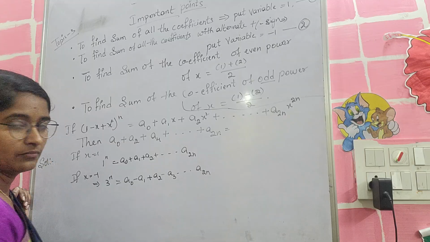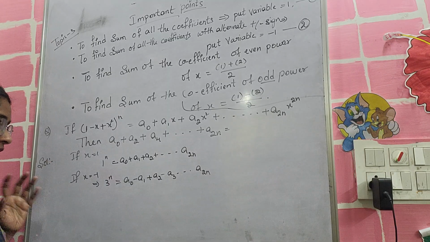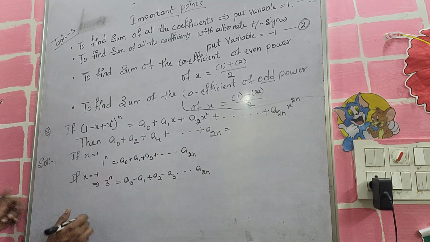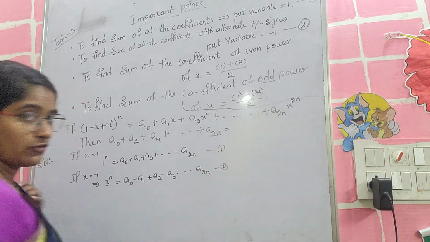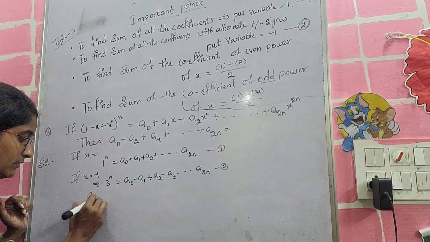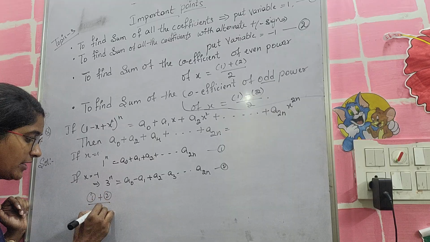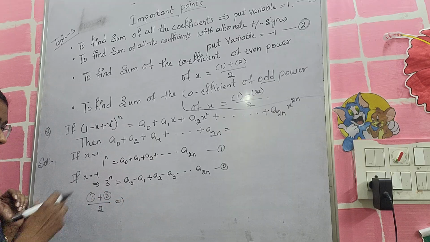Now if I add both and divide by 2, this is equation 1 and then equation 2. I add equation 1 plus 2 divided by 2. What do I get?